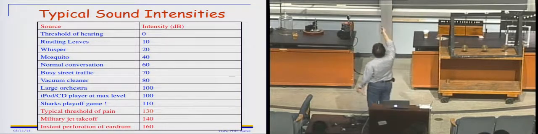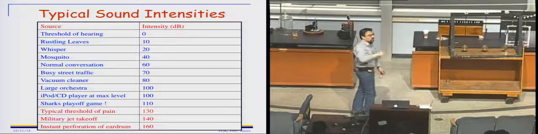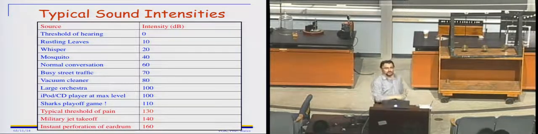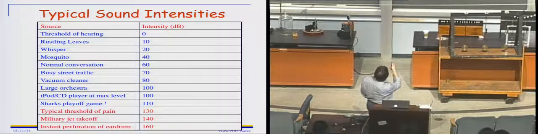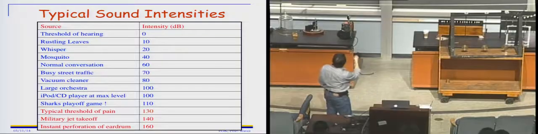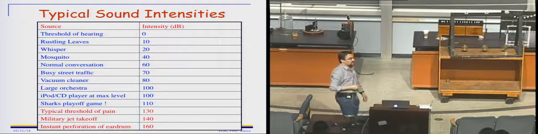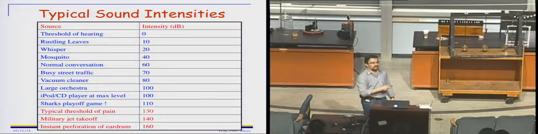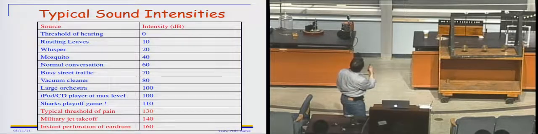The intensity is measured from the threshold of hearing, the faintest sound you can possibly hear, as 0 decibels, to a whisper at about 20 decibels, to a pressure large enough to pierce one's eardrum, an intensity of about 160 decibels.